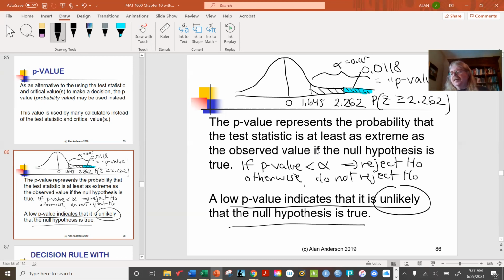So at this point in time, virtually all calculators and software programs use this approach to test hypotheses. In fact, one of the books that I was looking at actually described what we were doing before as outdated. I couldn't believe it when I saw that. Outdated. But it's still the same thing.